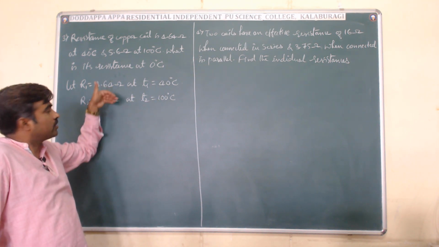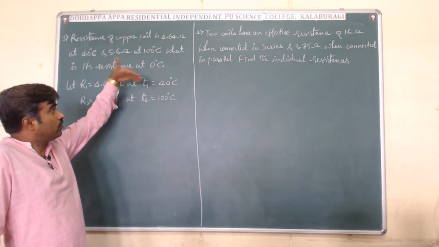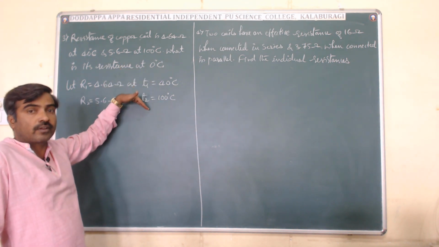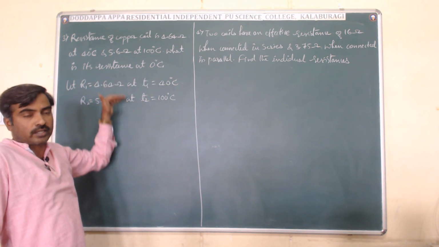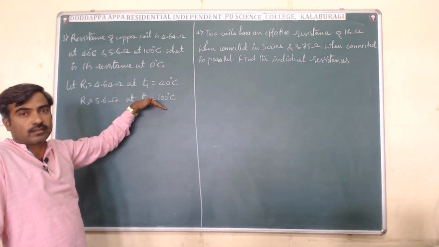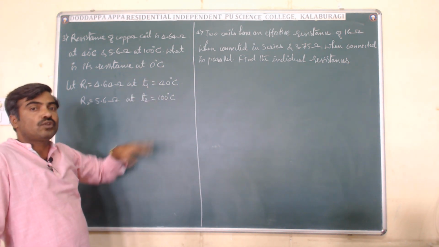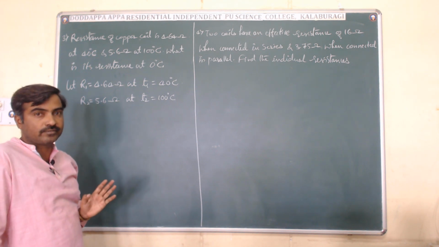Of course, there is not much difference, but even then some difference is there. With respect to these two data given, two temperatures with resistances, this is the given quantity. Using this data, we should calculate the resistance at 0 degrees centigrade.